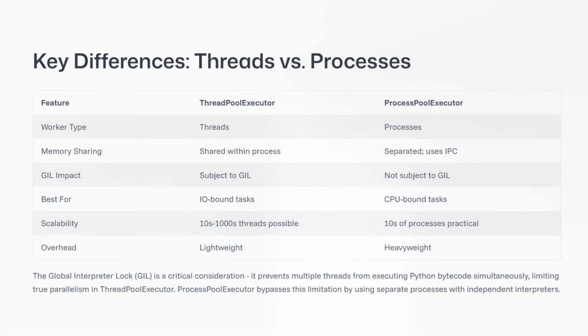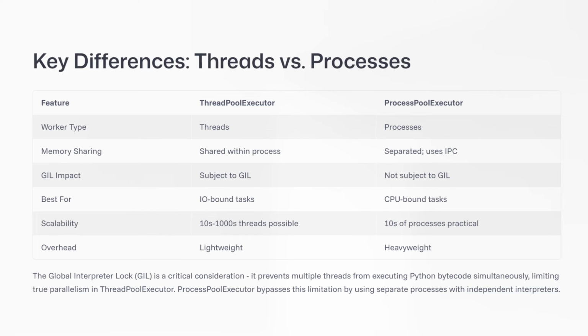For best use, the ThreadPoolExecutor is good for IO-bound tasks, but the ProcessPoolExecutor is best for CPU-bound tasks.